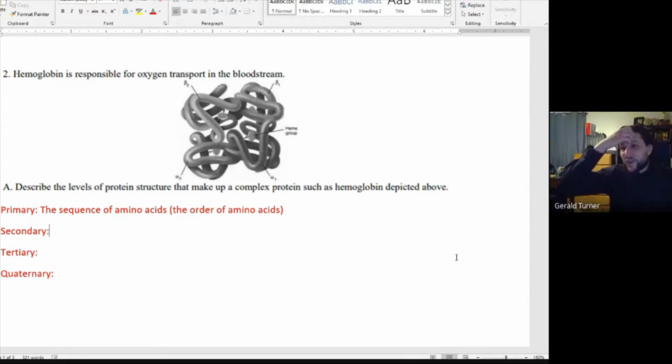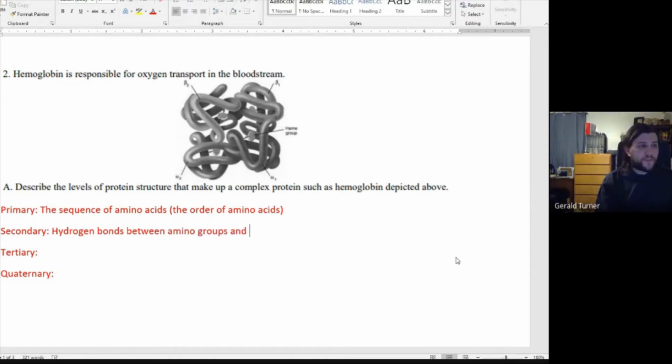That secondary structure is going to be composed or formed by hydrogen bonds between the amino groups and the carboxylic acids in the polypeptide.